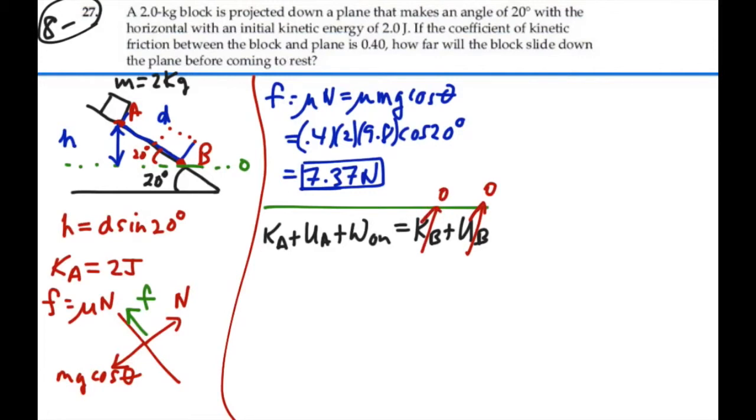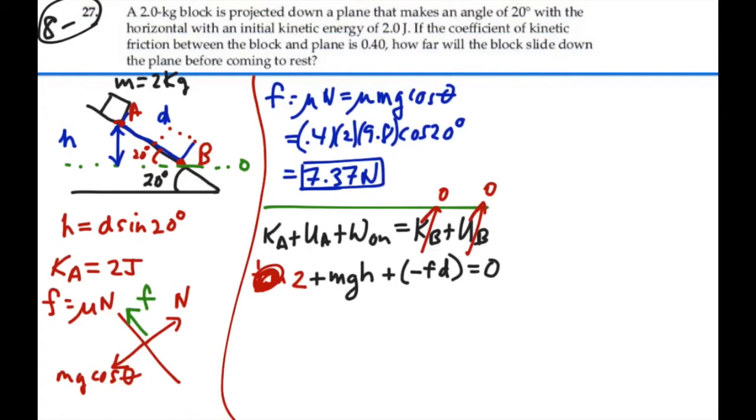That's our lower height. And we just barely come to rest at point B, so we have no kinetic energy there. So what we have is that the kinetic energy at A, which is 2 joules, plus the potential energy at A, which is mg height at A, plus the work done along the way, which is going to be negative frictional force times distance, is equal to 0.